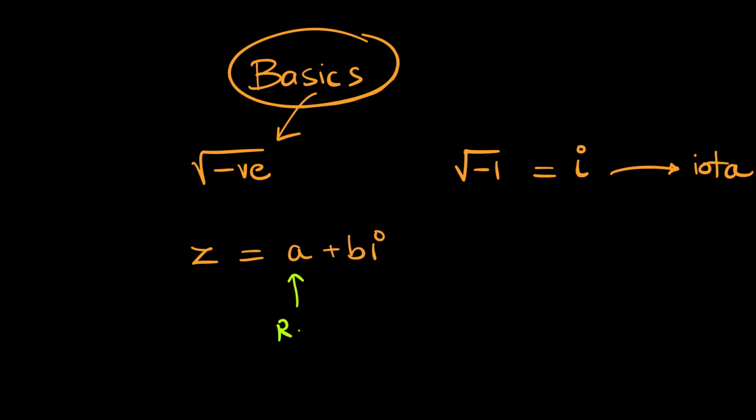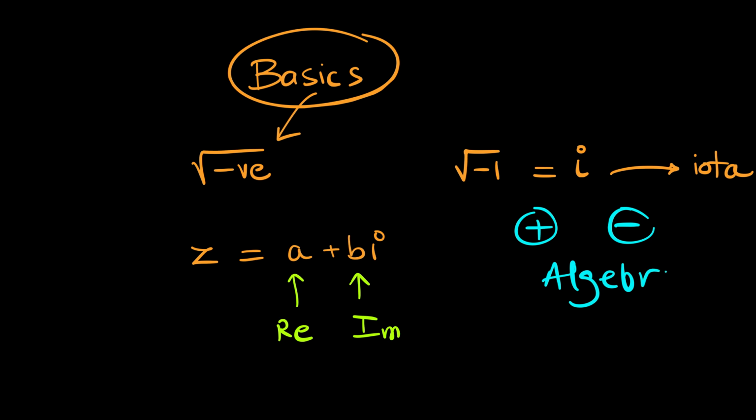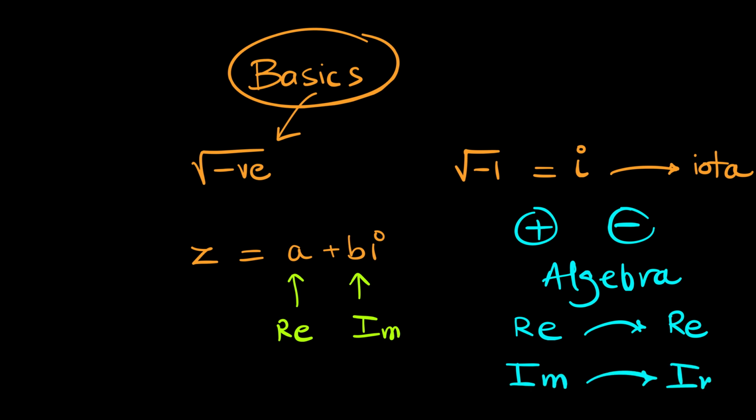This is the real part. This is the imaginary part. When we talk about addition and subtraction, we follow the rule of algebra. The real is added to the real. Similarly, the imaginary is added to the imaginary part. Whatever is the rule for addition, that same rule applies for subtraction also.